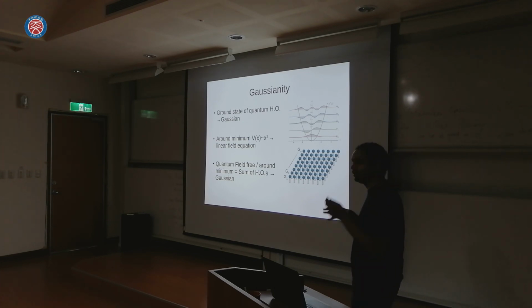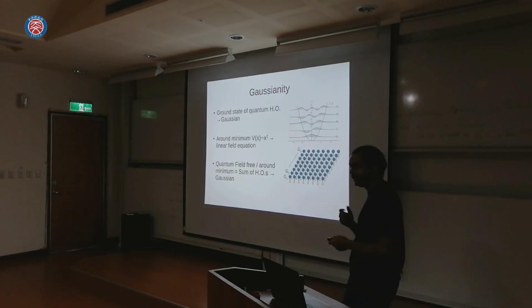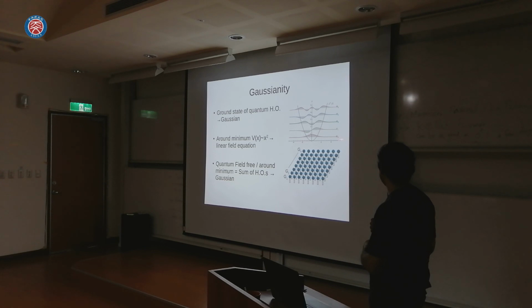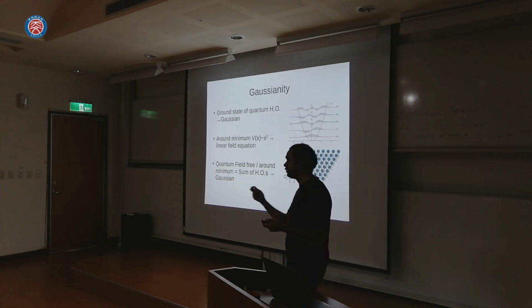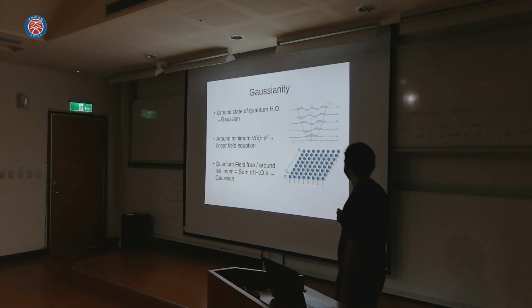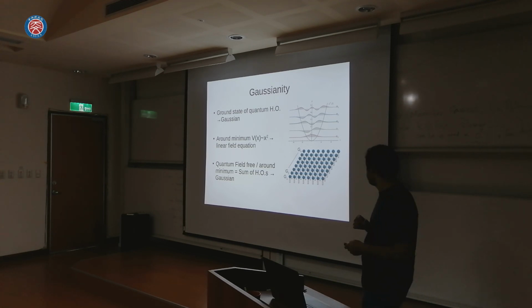So we know that in the ground state, a quantum mechanical harmonic oscillator has a Gaussian wave function. What this means is that the displacement obeys a Gaussian distribution. And we already saw that we can express the gravitational wave as a sum of these different harmonic oscillators.